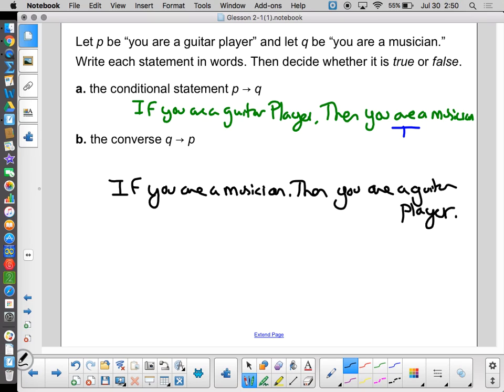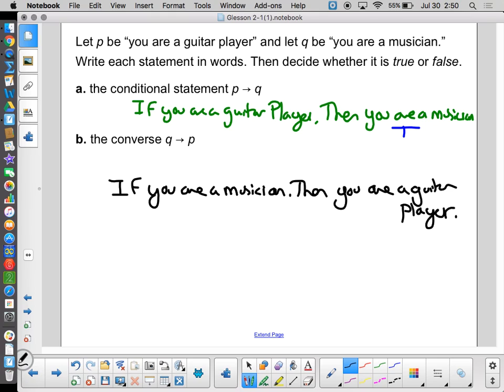All right, there's the converse. Now, is the converse true or false? Well, wait a minute. The statement was true. Shouldn't the converse also be true? Maybe, or maybe not. They're independent of one another. They could both be true, they could both be false, or one could be true and one could be false. It depends on what is being said.